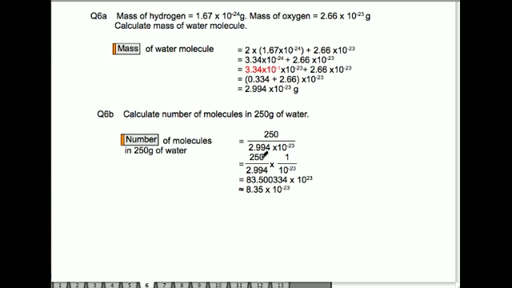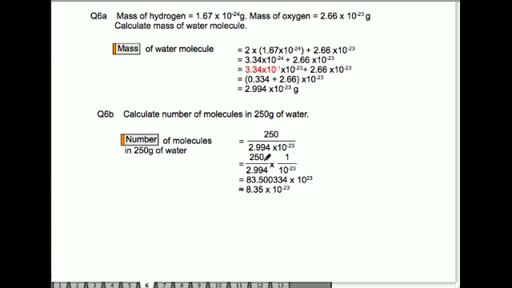To divide, we simply split the numbers such that we have 250 divided by 2.994, and the powers of 10 is separated into 1 over 10 to the power of minus 23. Note that the power of 10 is in the denominator.